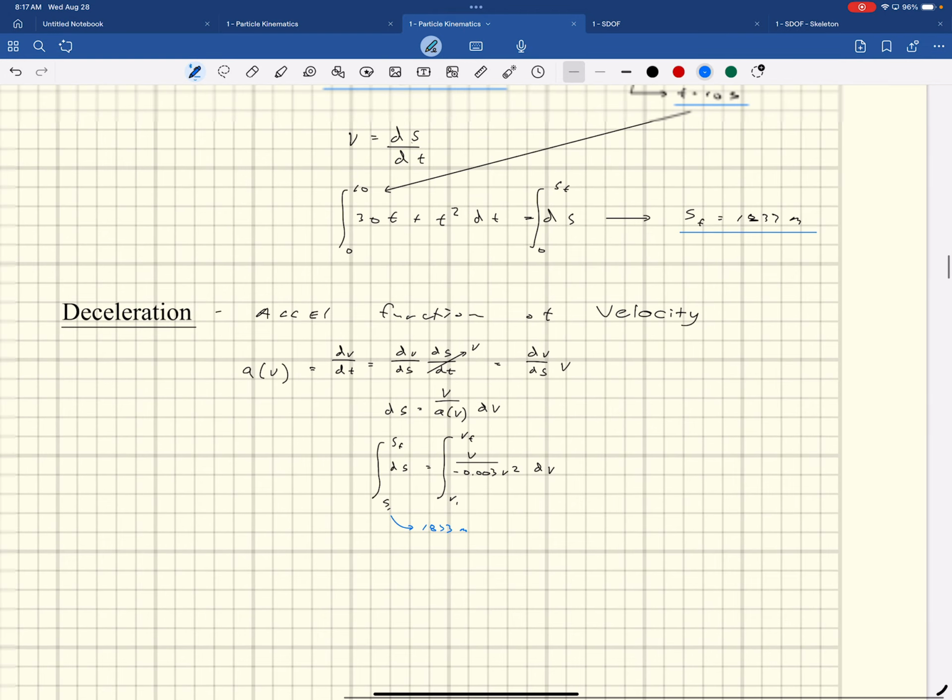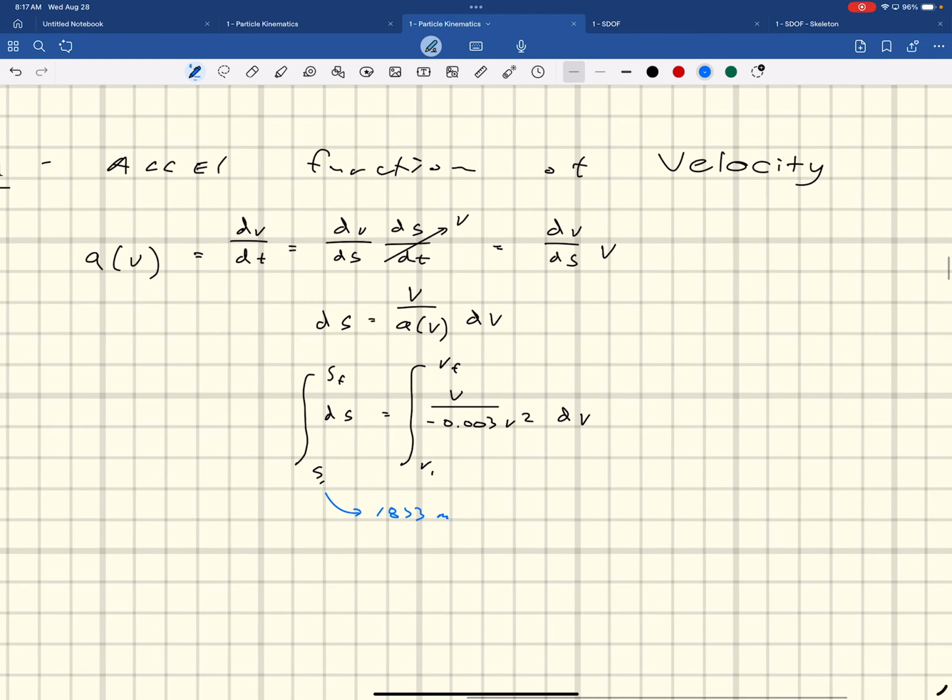Is that right? Yeah. And then this right here is what I'm after, the final position. V1 is equal to 400 at the beginning of this stage, and this is going to be equal to 100 afterwards, because remember, it's decelerating from 400 to 100.